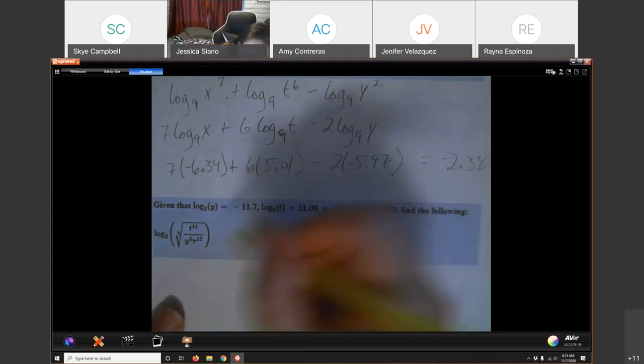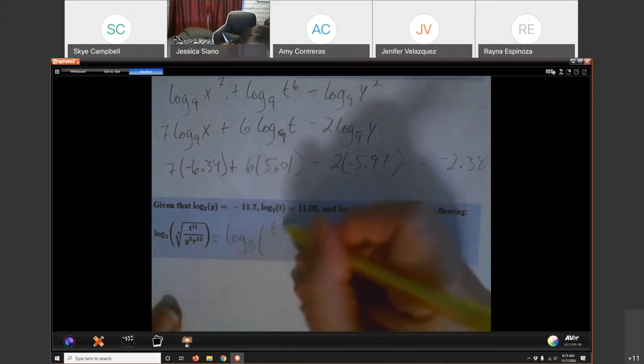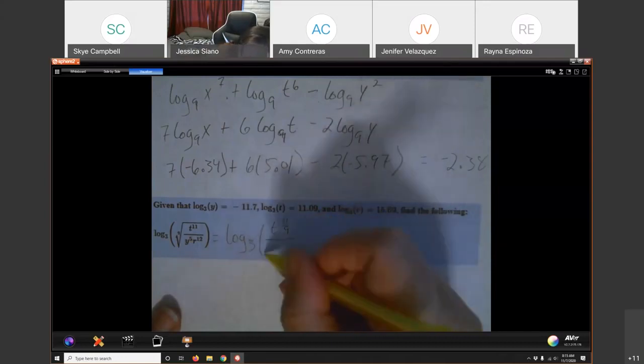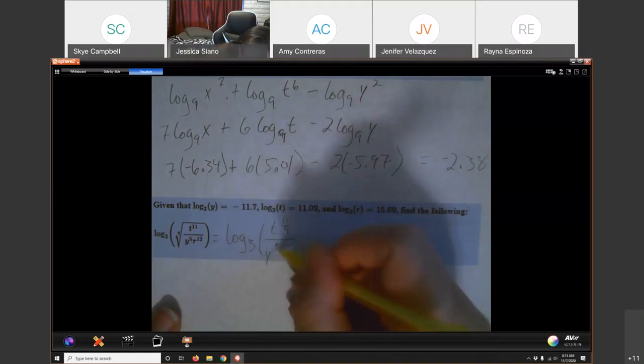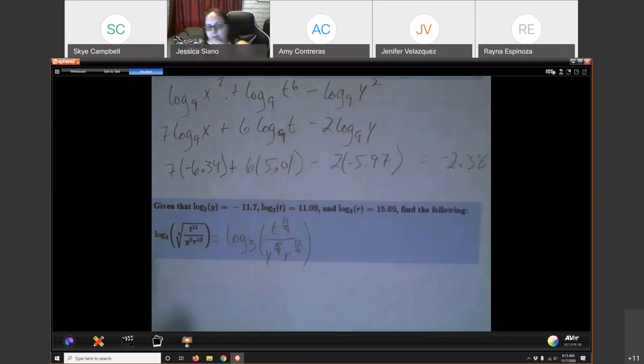So this is the exact same thing as log base 3 of t to the 11/9 over y to the 5/9 r to the 12/9. So instead of that 9th root over all of them forcing them to stay together, I'm going to put all of my exponents over 9, and now we don't have that root holding everything there.